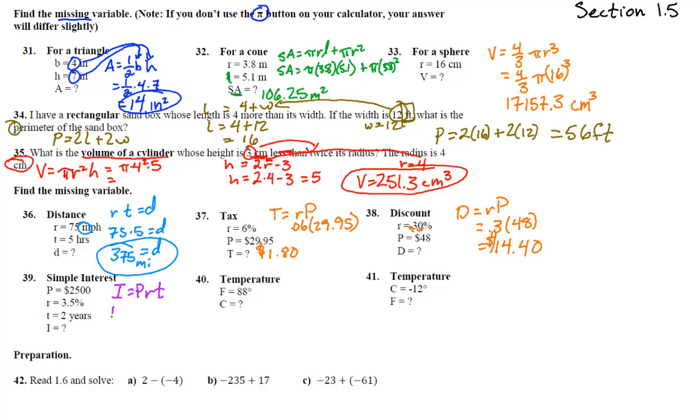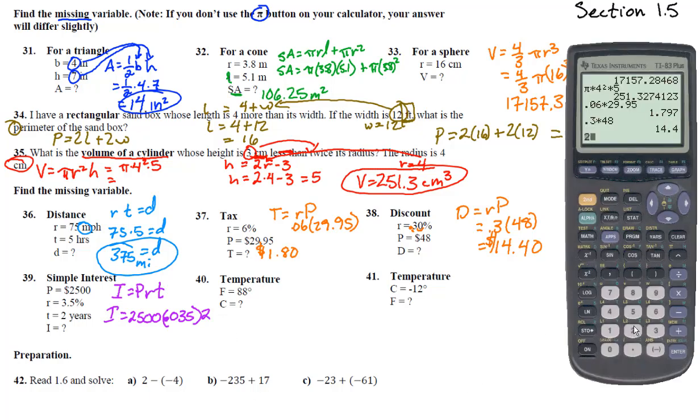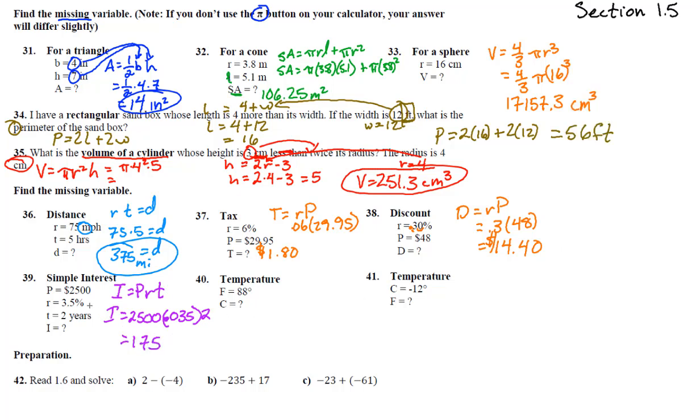So we get I equals, P is 2,500 times the rate, which is 3.5%, maybe we'll use a parentheses because we got a 0.035, times 2 years. Punch that into the calculator. 2,500 times 0.035 times 2, $175. And notice we know that we're in dollars because of that principal right up there.